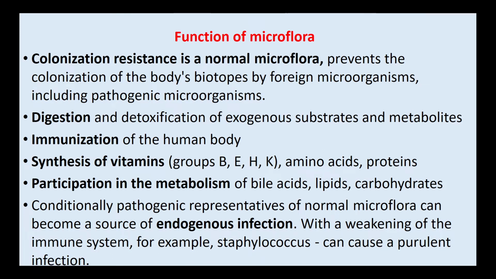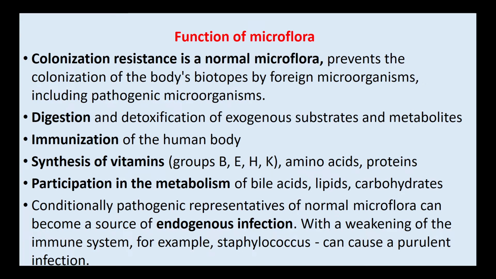The first is called one of the factors of innate immunity, the colonization resistance of normal flora. What does it mean? It means that organisms present at this site prevent the colonization of the body's biotopes by foreign microorganisms, including pathogenic microbes.